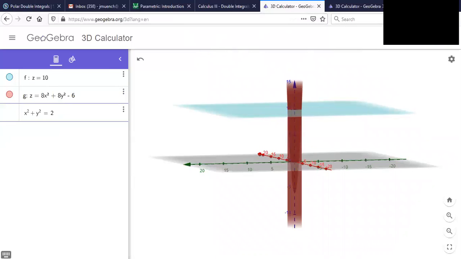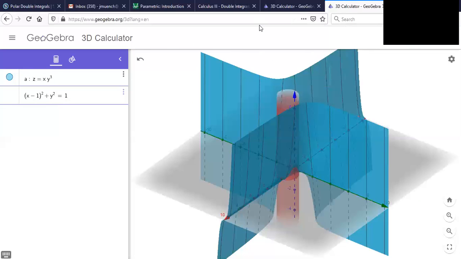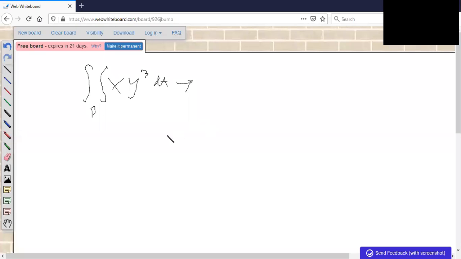Moving back to our whiteboard, we end up with 0 less than or equal to theta, which is less than or equal to pi over 2.